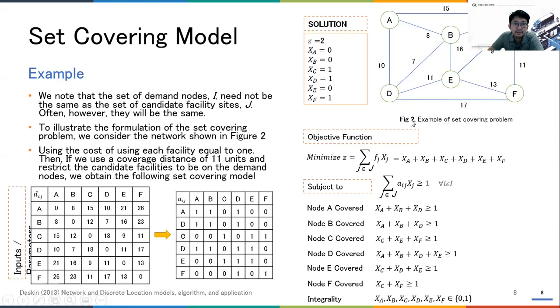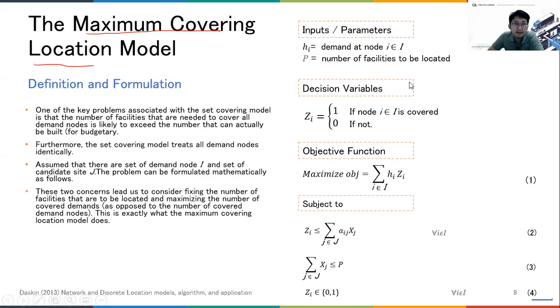The rest, we add new inputs, since we want to prioritize which demand is going to be served, so we'll have the criteria or the weight for those demands. We call it demand at node i. For example, in the ambulance problem, you will try to cover as much as possible, and the locations that you cover, we want them to have the highest demand instead of the lowest demand.